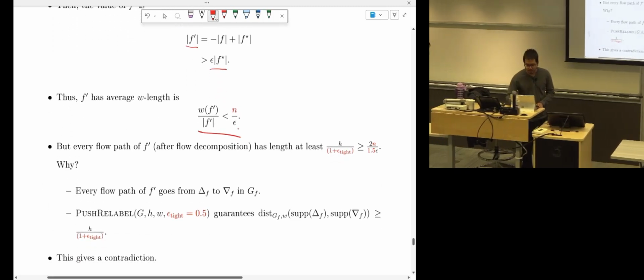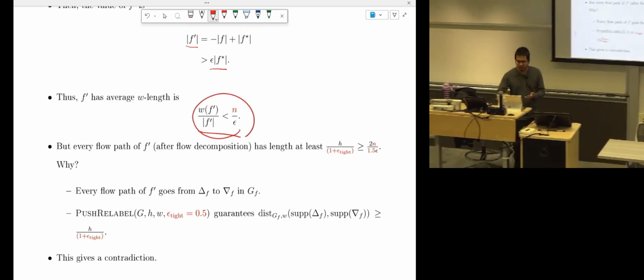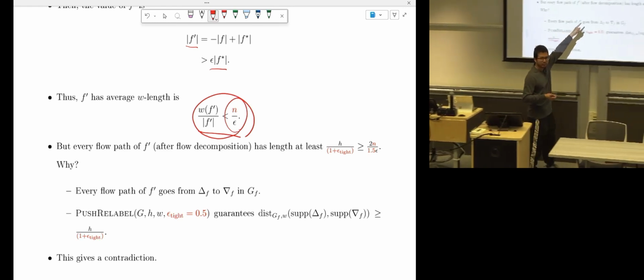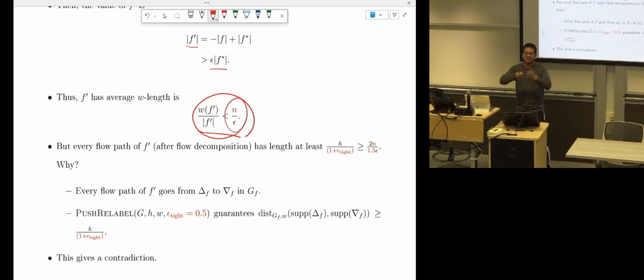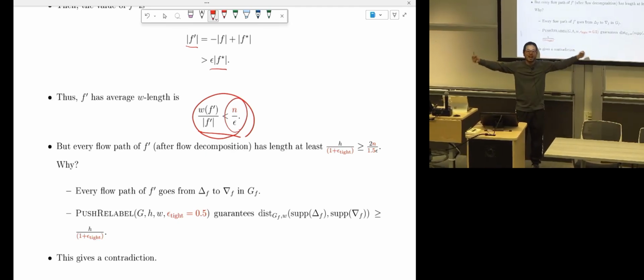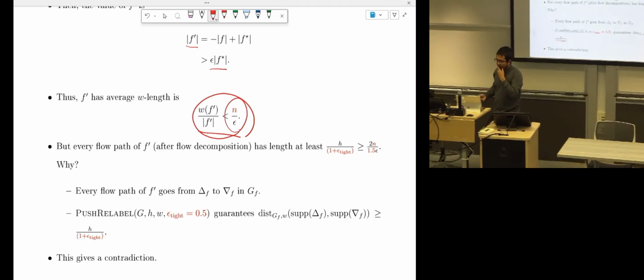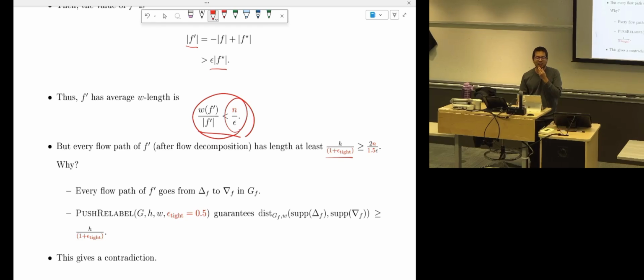We get that f prime is a flow in the residual graph G_f whose average length is small. We want to say that's impossible because the distance between the source and sink should be large. But how large? It's not going to be exactly h.